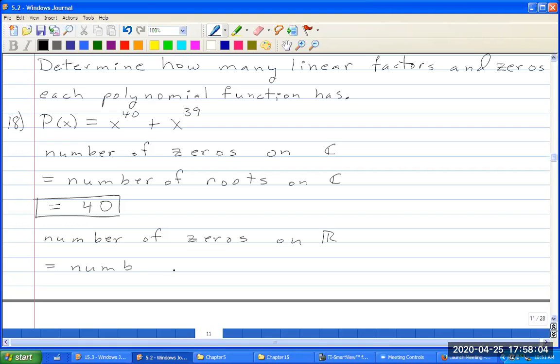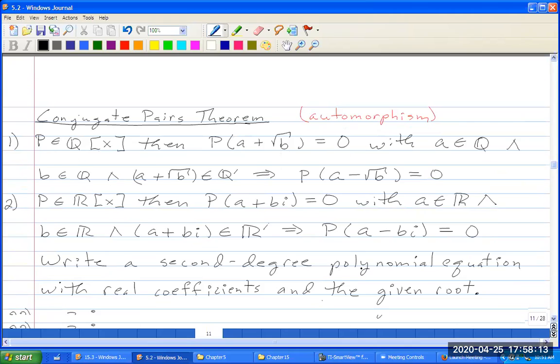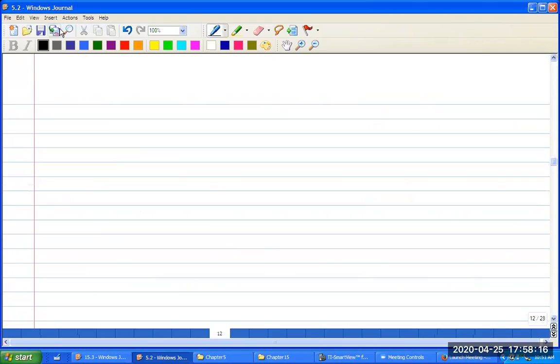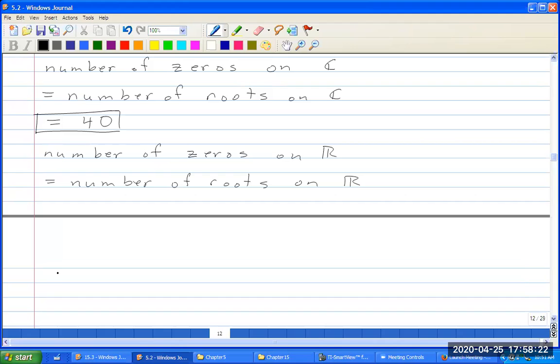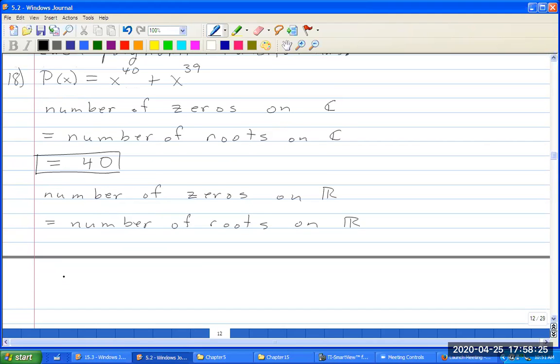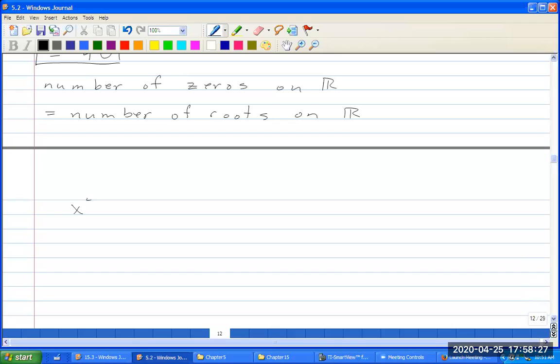So this is the number of roots on R. Well, let's see, let's try to figure out what that is. That's x to the 40 plus x to the 39 equaling 0. So this is x to the 39 times x plus 1 equaling 0.